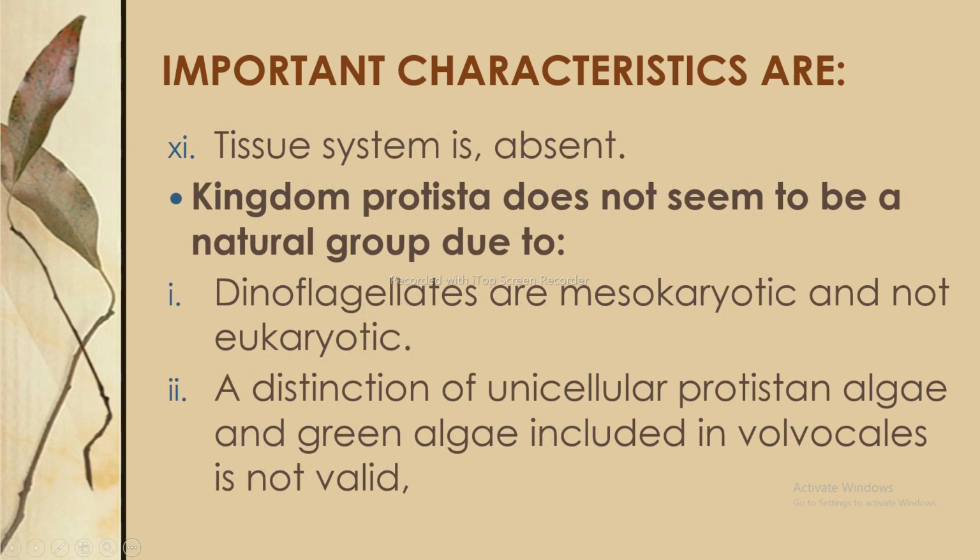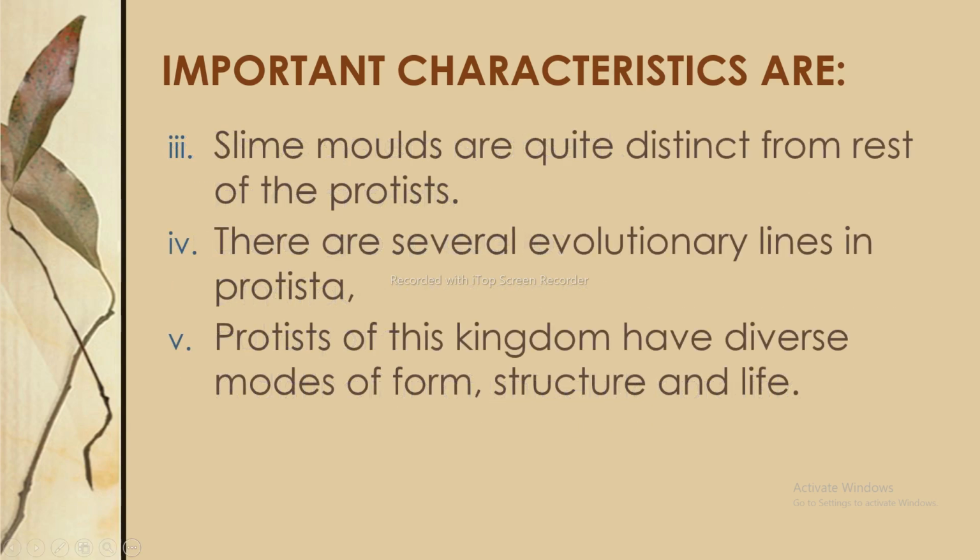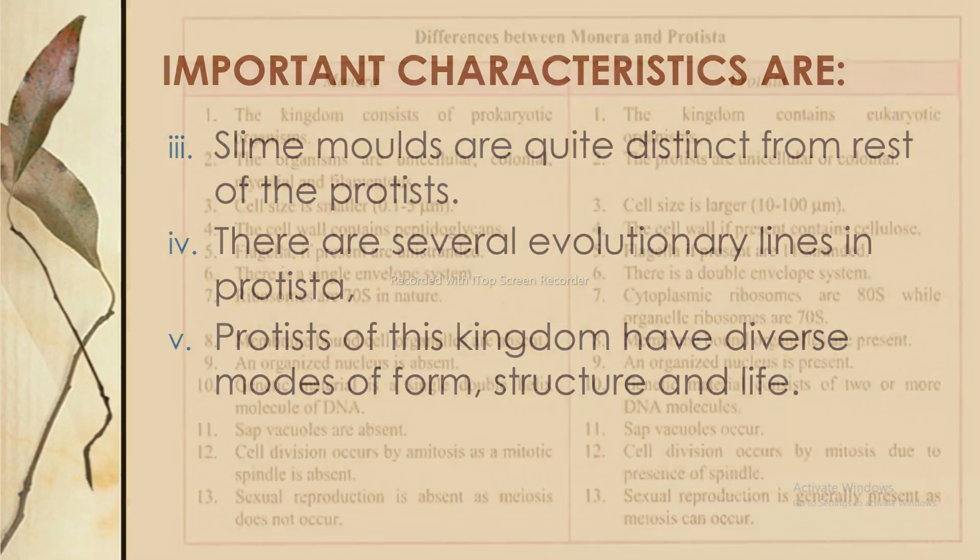Kingdom Protista doesn't seem to be a natural group because dinoflagellates are mesokaryotic and not eukaryotic. A distinction of unicellular protistan algae and green algae included in Volvocales is not valid. Slime molds are quite distinct from the rest of the protists, and there are several evolutionary lines in Protista. Protista of this kingdom have diverse modes of form, structure and life.